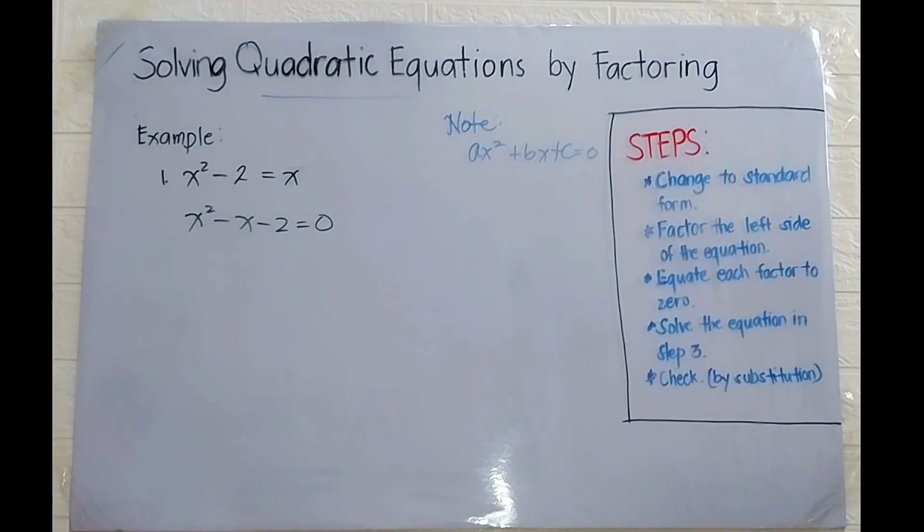Let's go to the next step, factor the left side of the equation. So, what kind of factoring method are we going to use in this equation? The GCMF is not applicable because there is no common variable or coefficient present in the 3 terms.